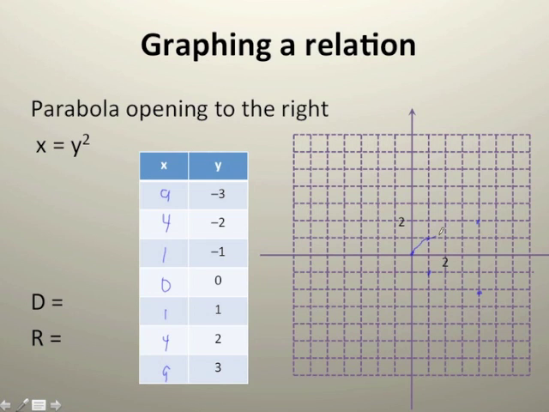So this is a parabola shape again that opens to the right.